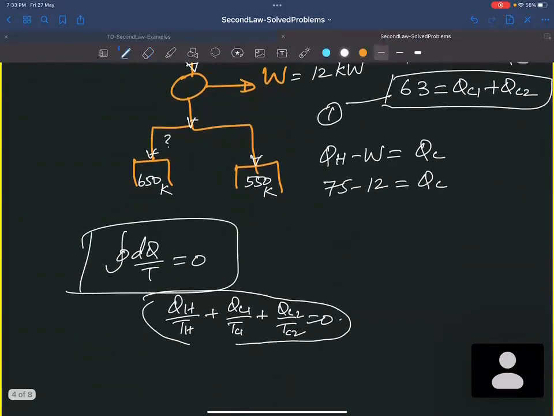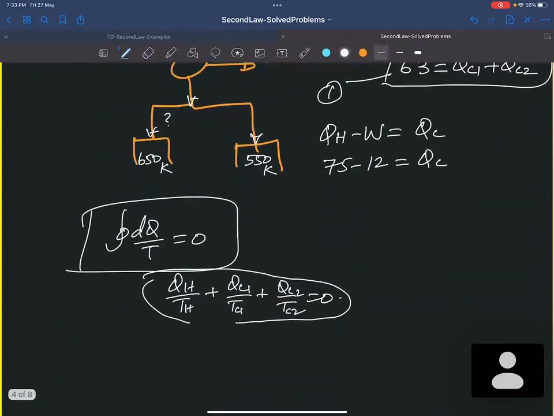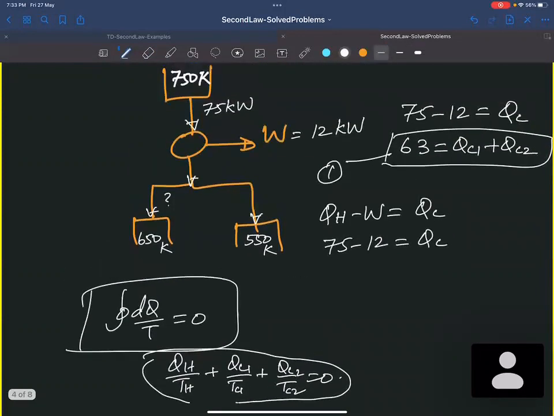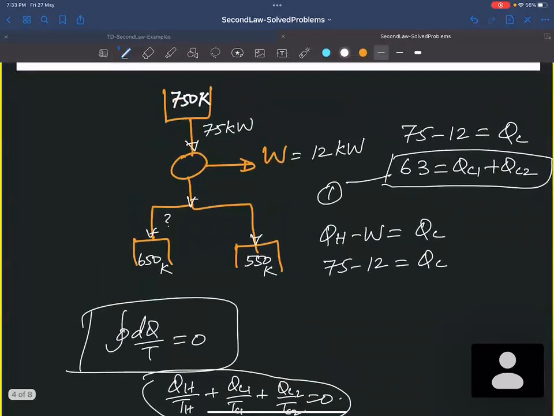So I will write it again. For QH is 75, 75 by 750. But that source is losing heat by the amount 75, so we'll have minus. And QC1 and QC2, the reservoirs at 650 and 550, are taking the heat.